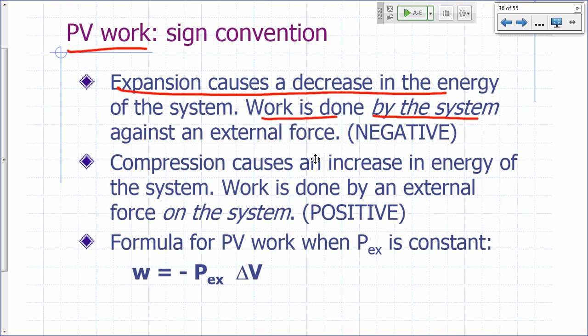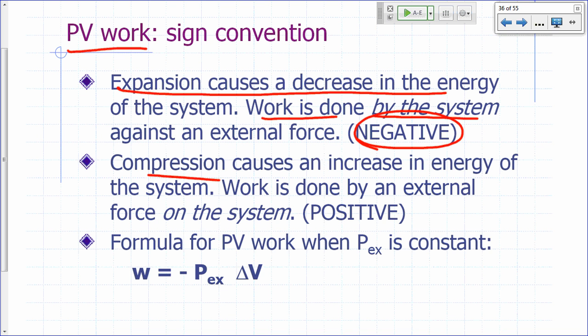Since the system is losing energy, we've adopted a convention so that in that case we assign a negative value for the work. So when a system is expanding, we say work is negative. The amount of work there is the amount of energy that's transferred between the system and the surroundings.